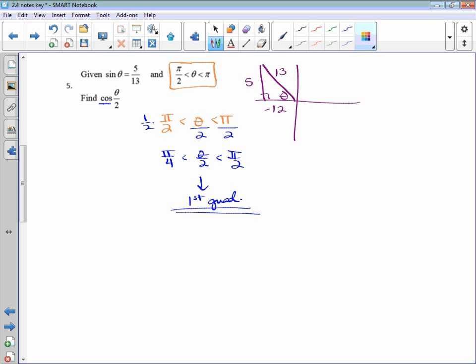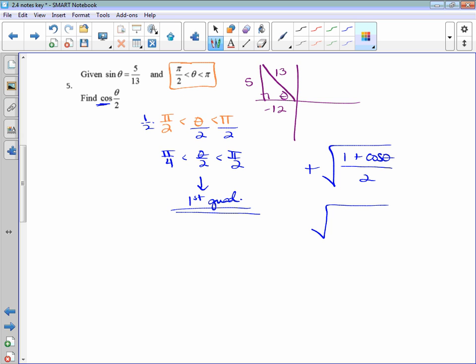So is cosine positive or negative in the first quadrant? Positive. So I pick the plus. Then I have my formula. What is it for cosine? One plus cosine theta over 2. Okay.